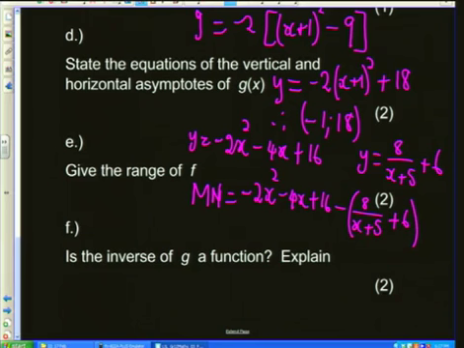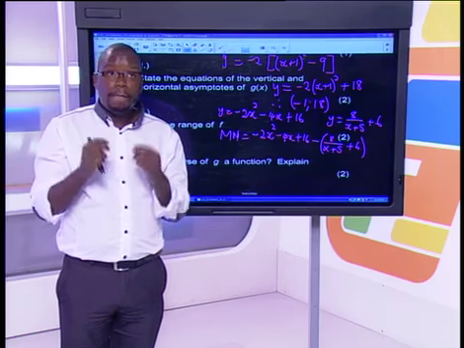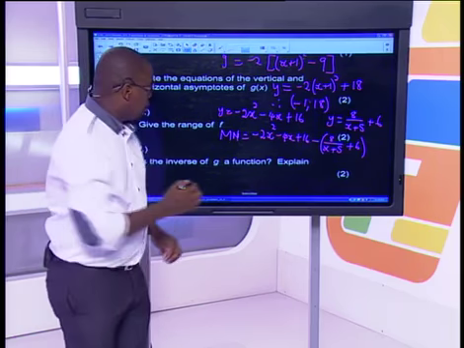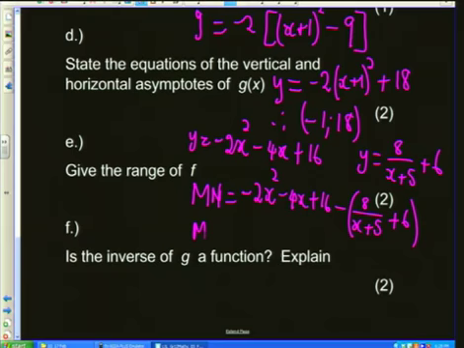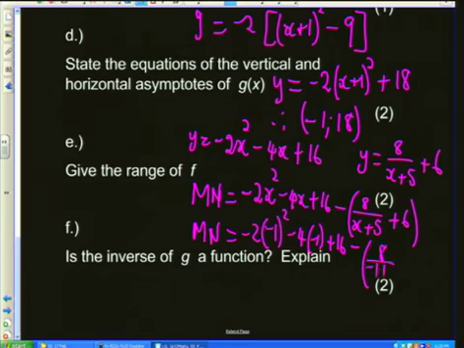Now, in order for us to get that distance, we needed that x value which we calculated from our turning point. So now, MN will be equal to minus 2(minus 1) squared minus 4(minus 1) plus 16 minus bracket 8 divided by (minus 1 plus 5) plus 6.